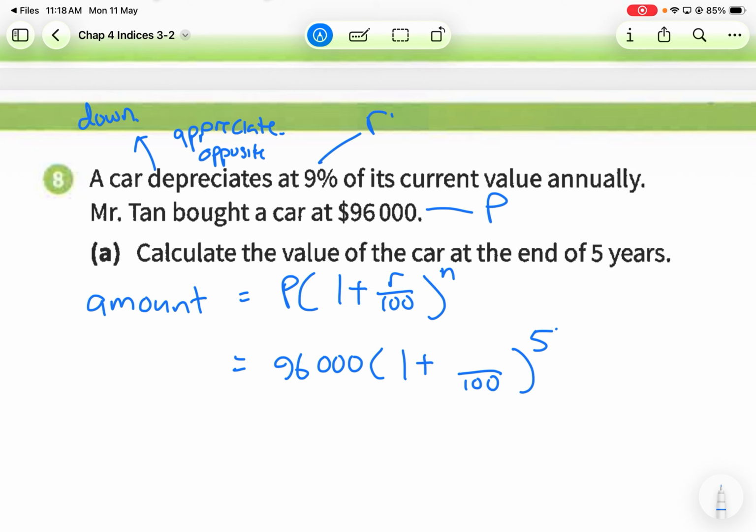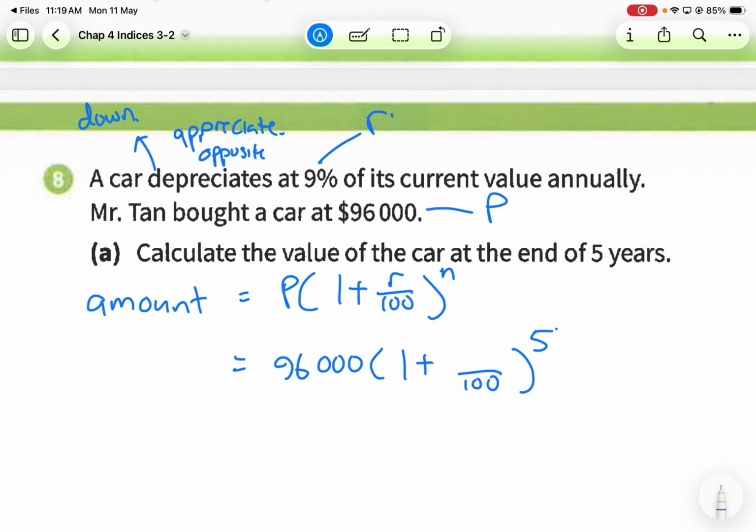Okay, then this part is important because it is depreciating. If I continue to plus, it is going to appreciate, becoming an additional 9% every year. But now it is depreciating, it is going cheaper and cheaper.